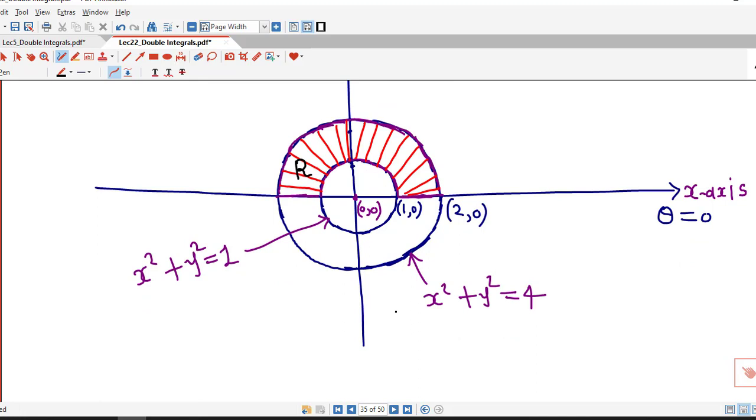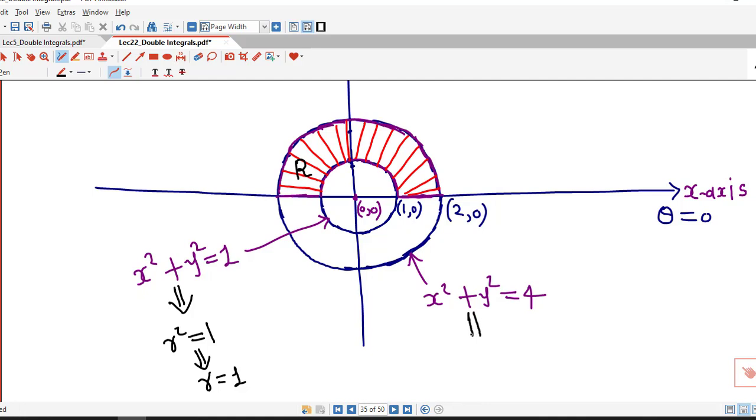Now for the region in polar form, we have to convert these two equations into polar form. So if we consider x equal to r cos theta, y equal to r sin theta, we have x square plus y square equal to r square, that is r square equal to 1, and that we can rewrite as r equal to 1.